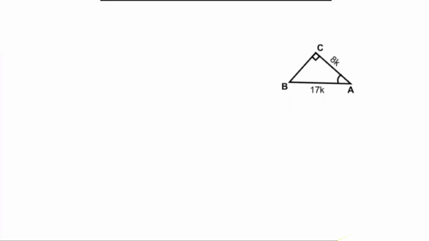Children, now let us shift the square from RHS to LHS. Then we get square root of 225K square is equal to BC. Now let us take the square root for 225 and K square. Then we get BC is equal to 15K.